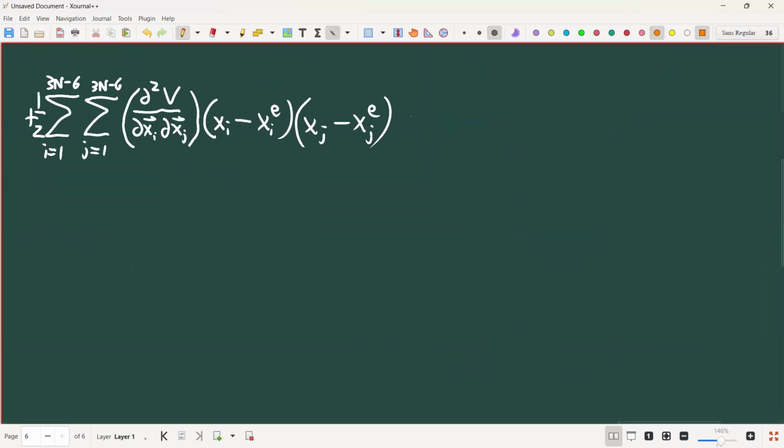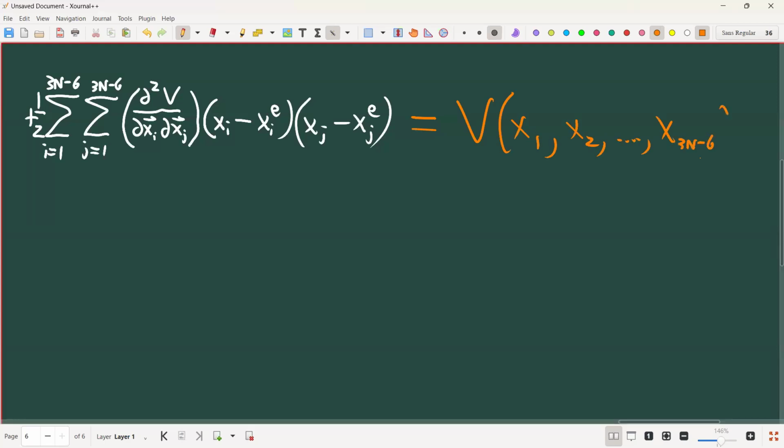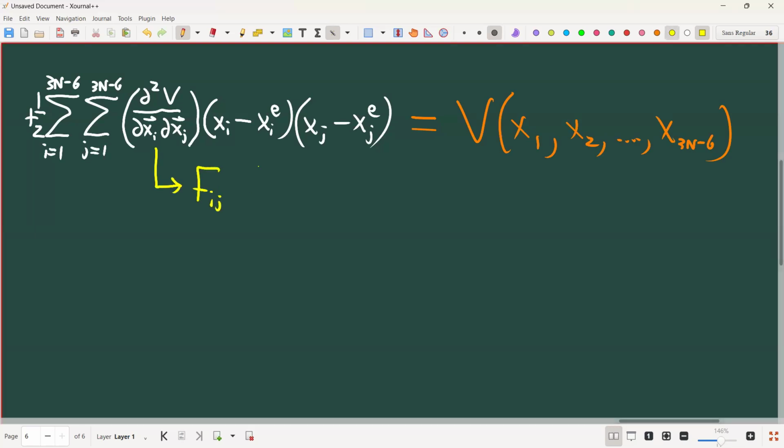So this is our potential, and these are our force constants, Fij. There are 3n minus 6 squared of them. Well, that's a really scary number.